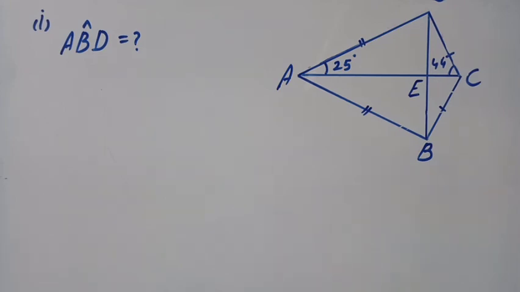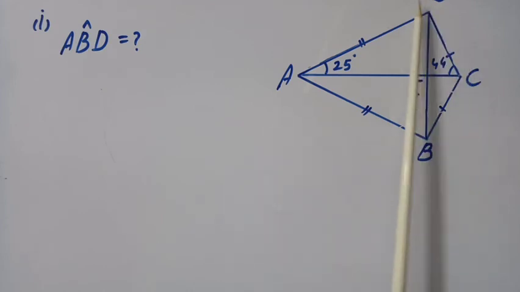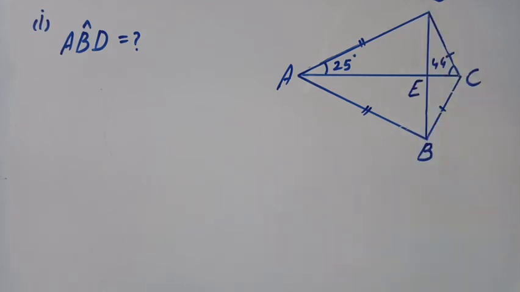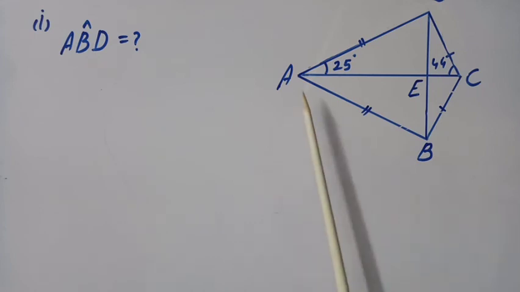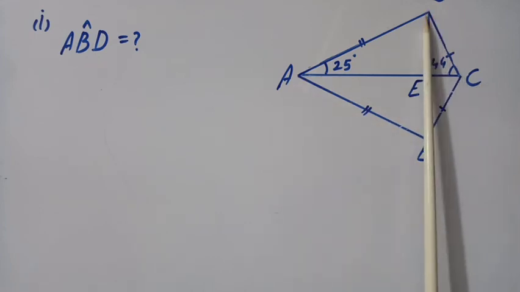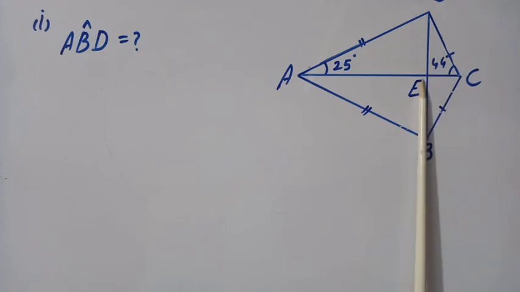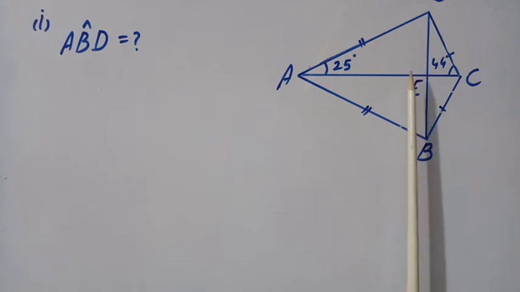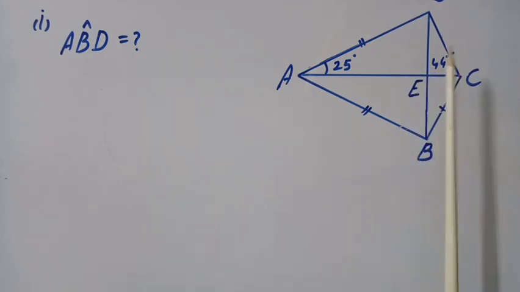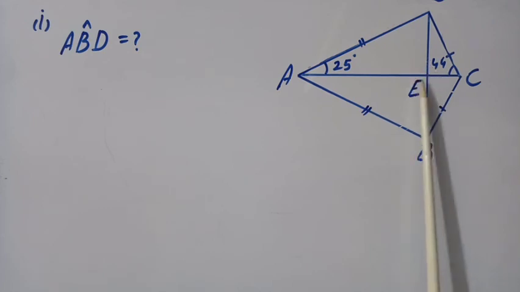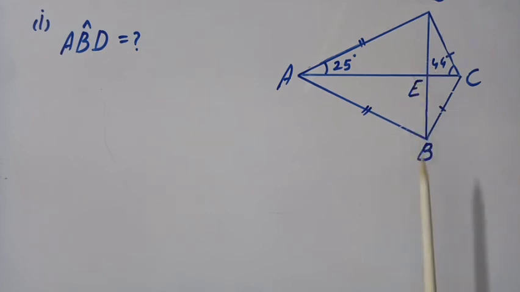Now, this whole figure is a kite. ABCD is a kite, and in the kite the diagonals cut one another at a certain point. How? At an angle of 90 degree, at right angle. So over here this angle is of 90 degree, this angle is of 90 degree, right?